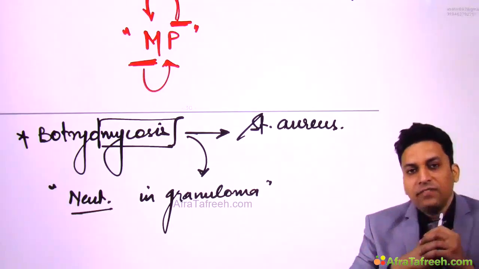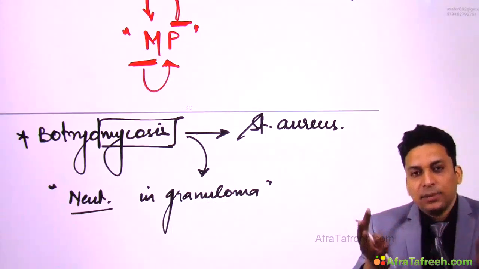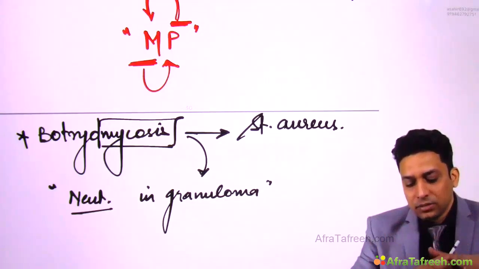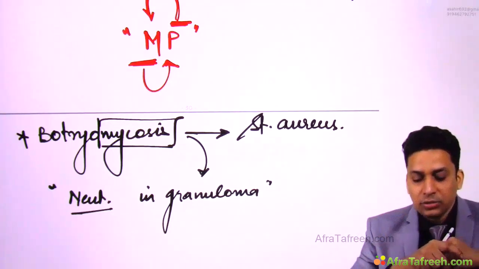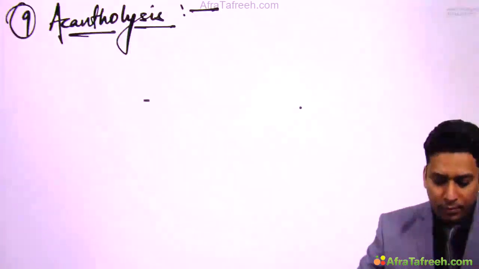Okay, so if the common causes of neutrophilic microabscesses are not there, like dermatitis herpetiformis or psoriasis, but if botryomycosis is there, you can choose that as the answer. So remember, here also small collections of neutrophils are seen in the center of granuloma, and this is not a fungal condition. This is a bacterial condition caused by Staph aureus.